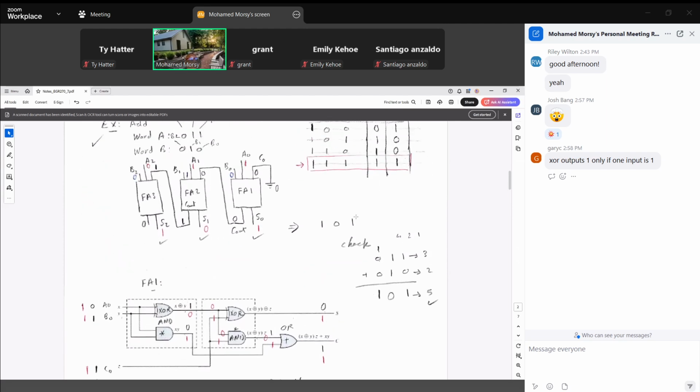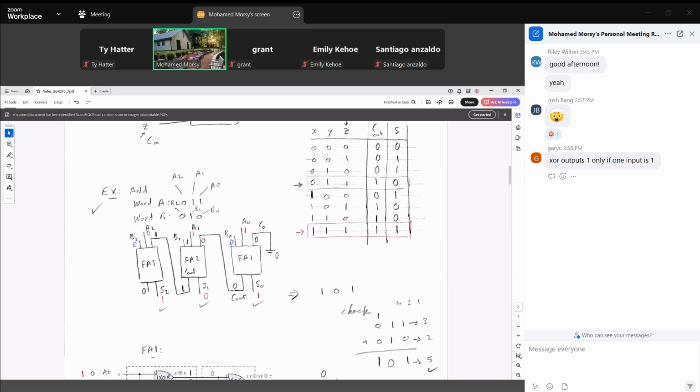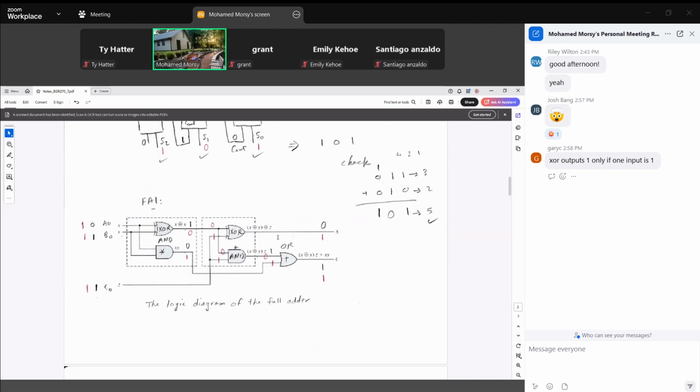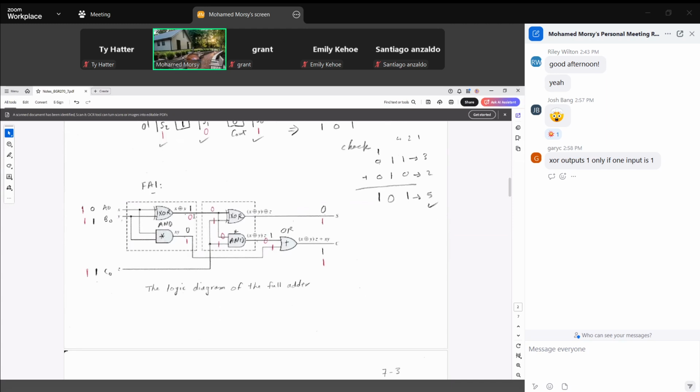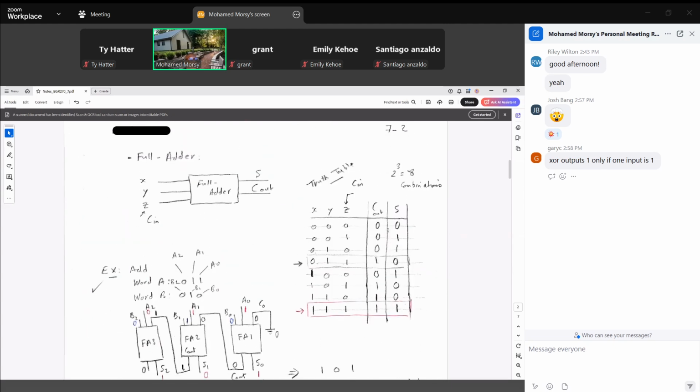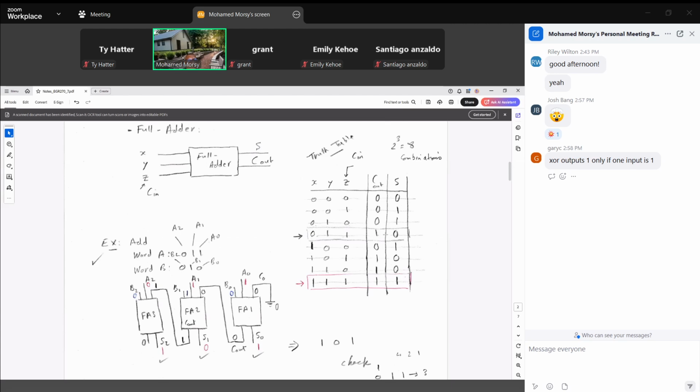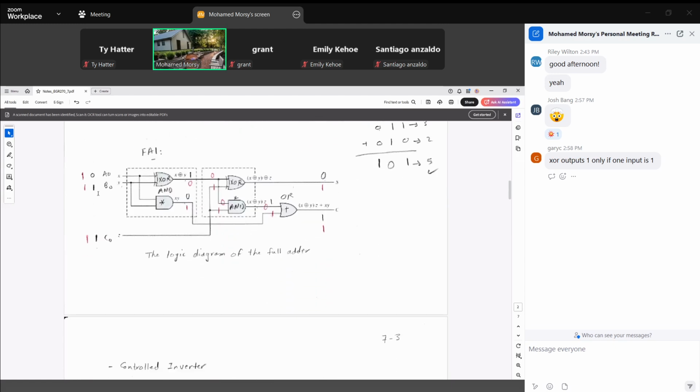Okay. Just follow step by step for the inputs and the outputs, and you can get all the outputs as listed in this truth table. Like we did here, two examples to see how it works.